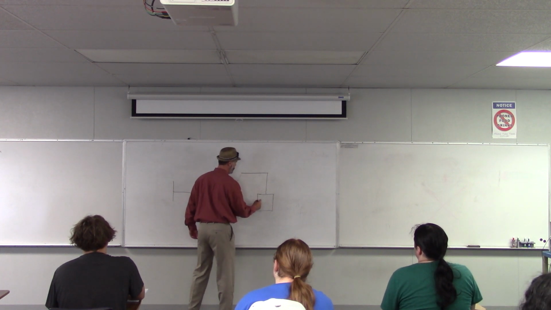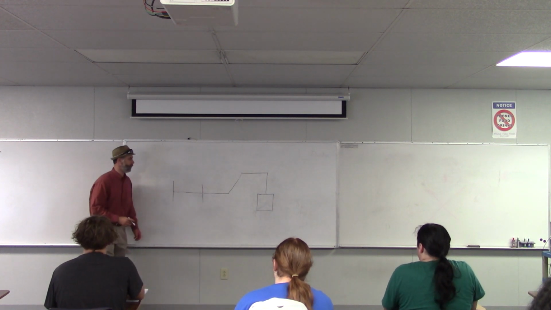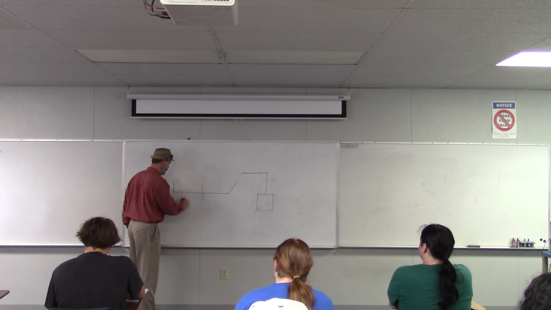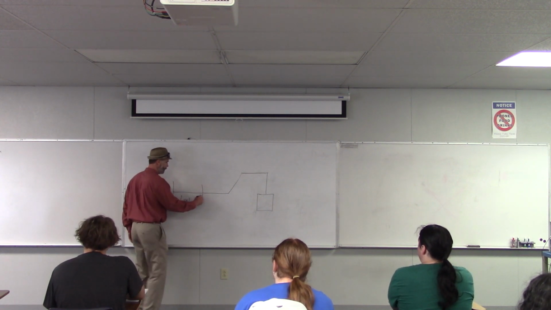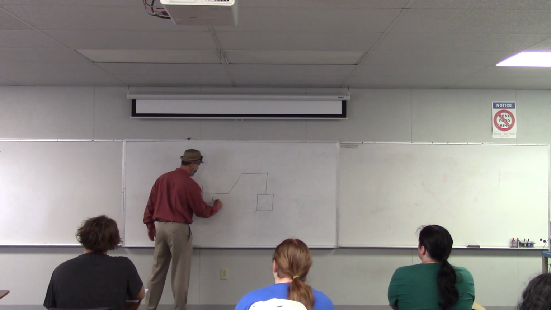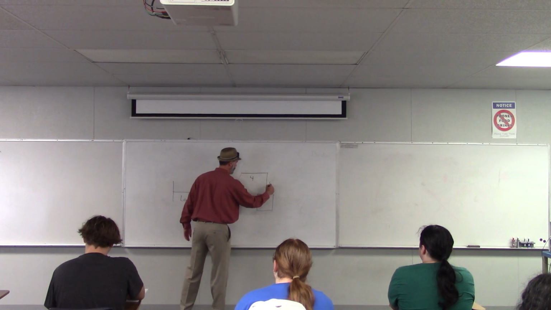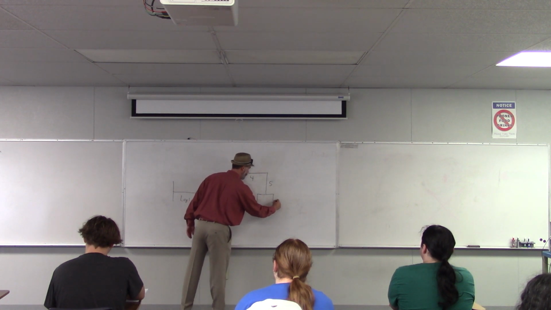So each section of this course was called a leg. So this was leg 1, leg 2, 3, 4, 5, and then this is the parking spot at the end.